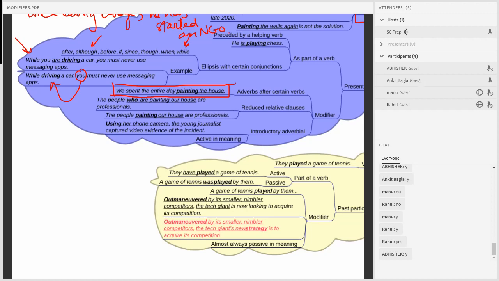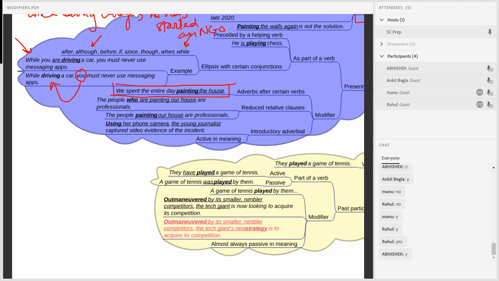So, for example, just imagine I say something like, always lock the door while leaving your house, or I say something like, he has achieved many things since leaving college. So that discussion that we had, that you can only do it when it starts, that was only for although and though. Right. Okay, correct.